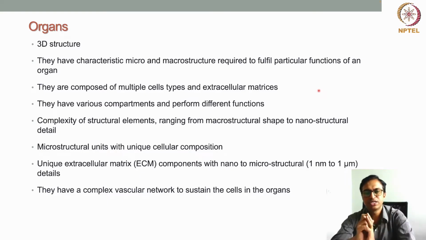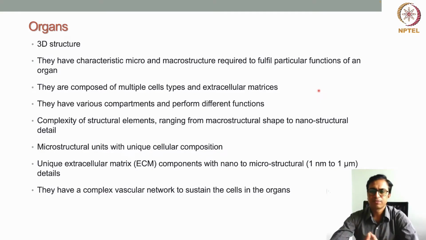If you see each of these organs, they have a characteristic, detailed structure, very complex. Sometimes some of the organs are very complex in nature. They have a typical micro and macro structure that is required to fulfill the function of that particular organ.